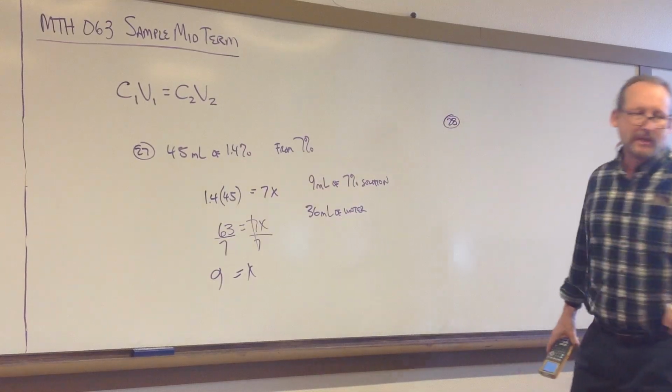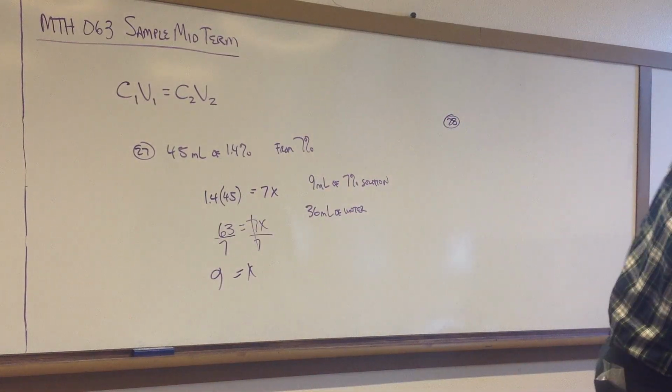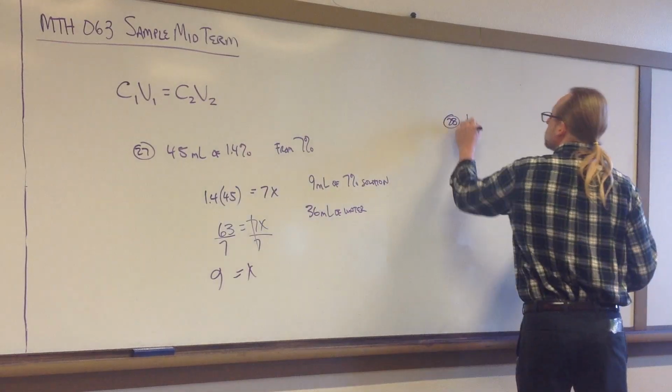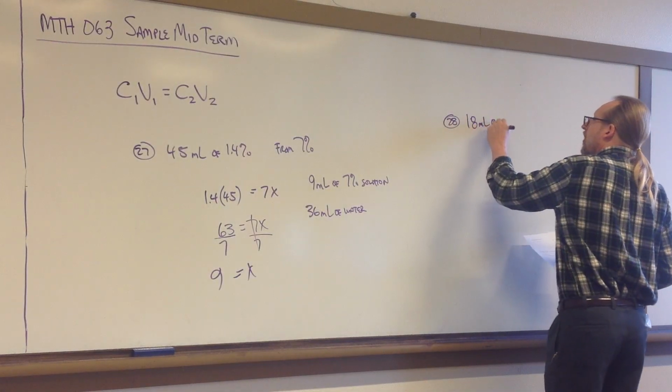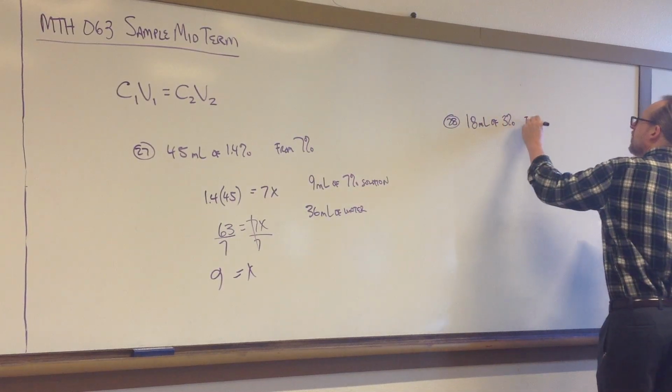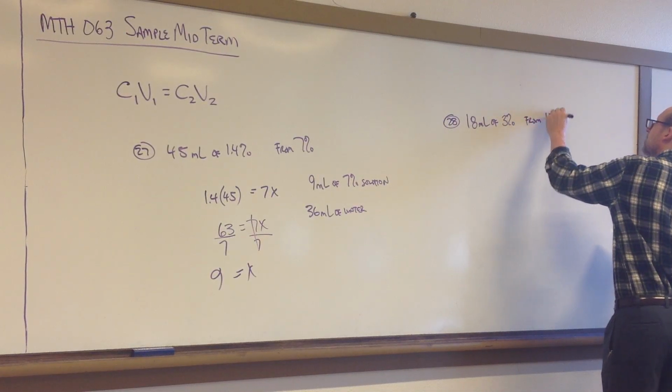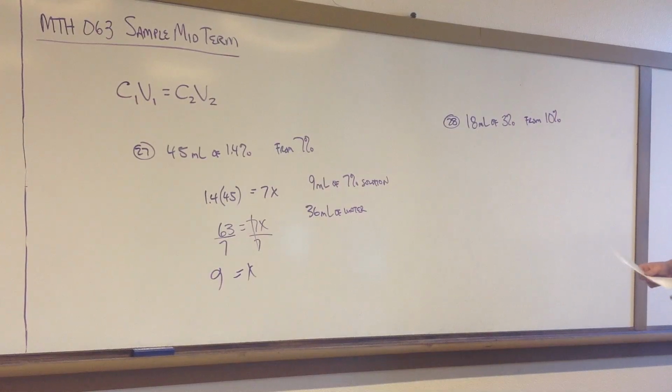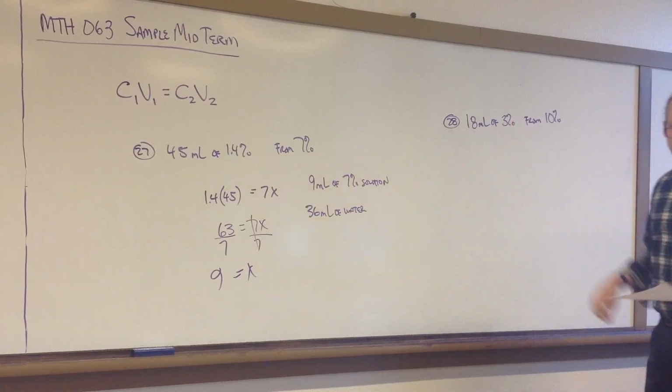Okay, problem 28. Here we want 18 milliliters of 3% solution from a 10% stock solution. Again, notice the stock solution is stronger. We're going to dilute it with water to make it weaker.